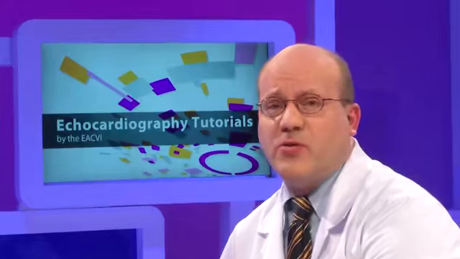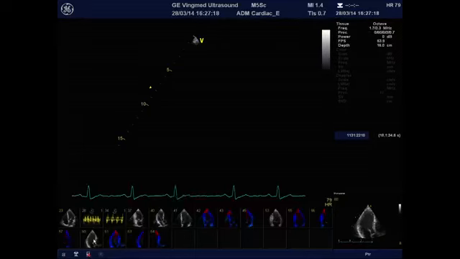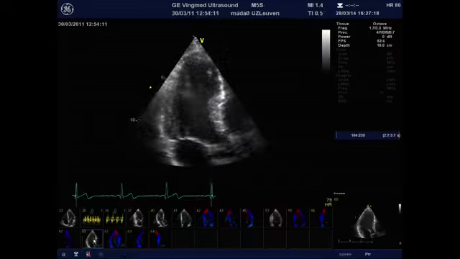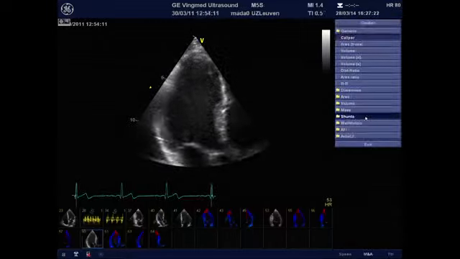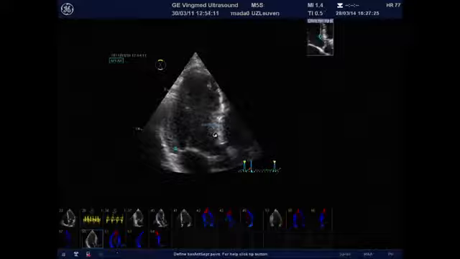So this is a patient who suffered an anterior infarct, and let's try what happens when we do the same analysis in this patient. We start again with the 3-chamber view. We indicate where the heart is.